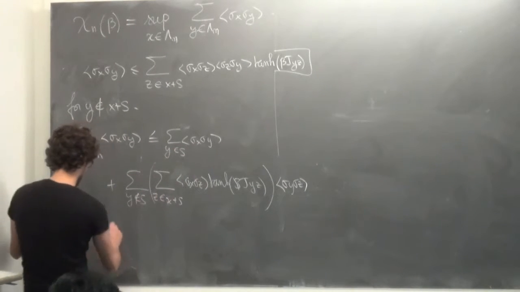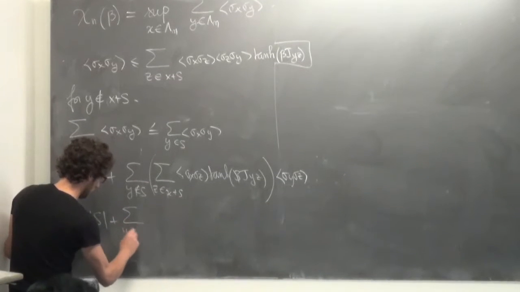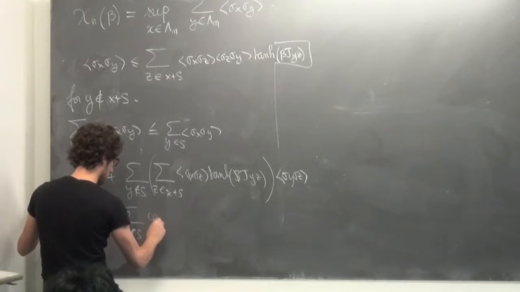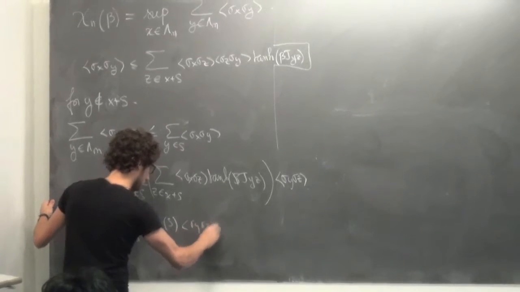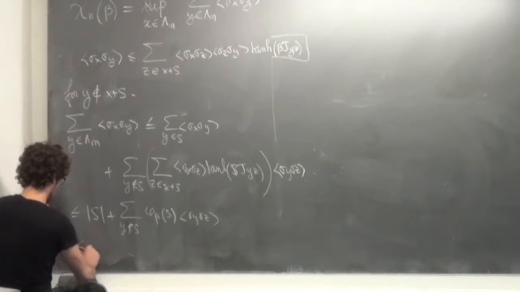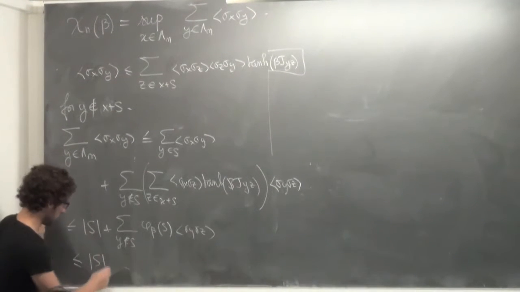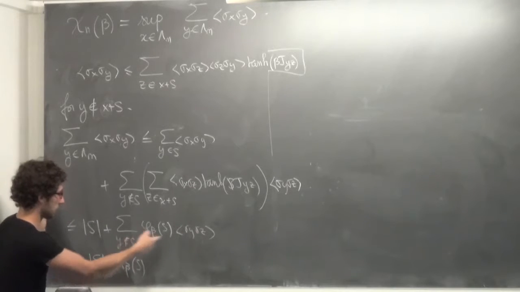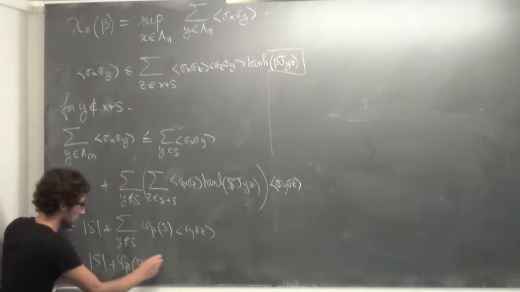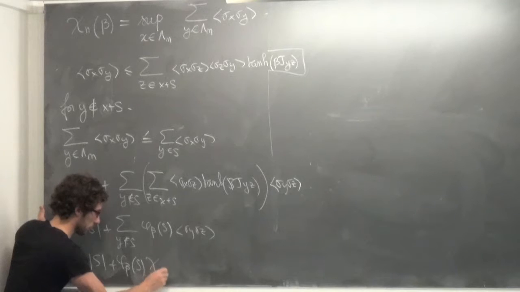And here this is bounded by the sum for y not in S, where I get phi beta of S, and I get <sigma_y sigma_z>. So what did I get? I get that this is smaller than the cardinality of S plus phi beta of S times something which is definitely smaller than chi_n of beta.